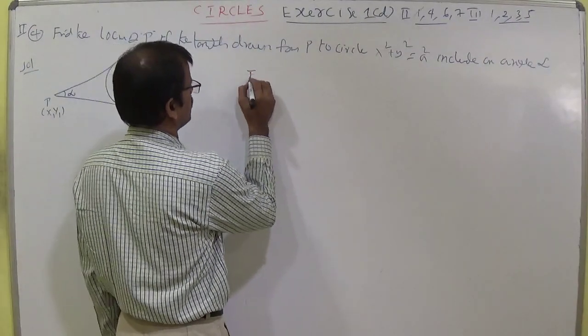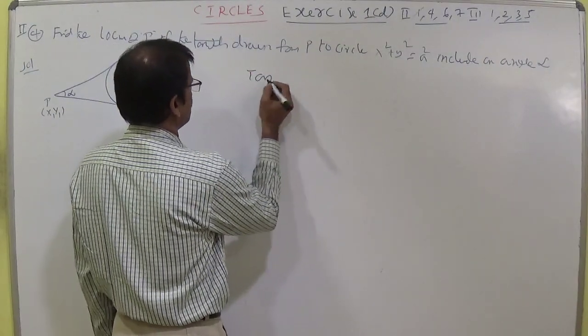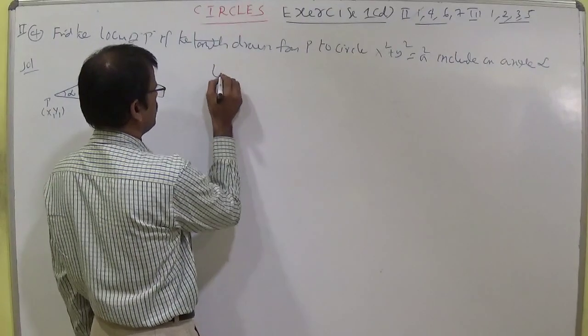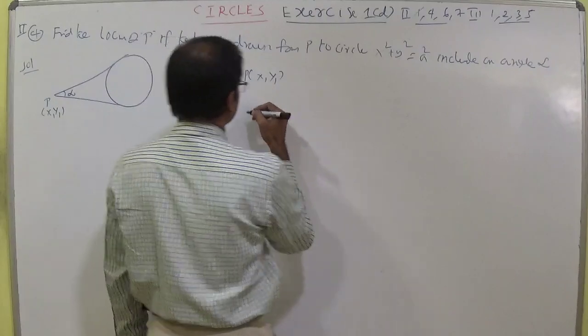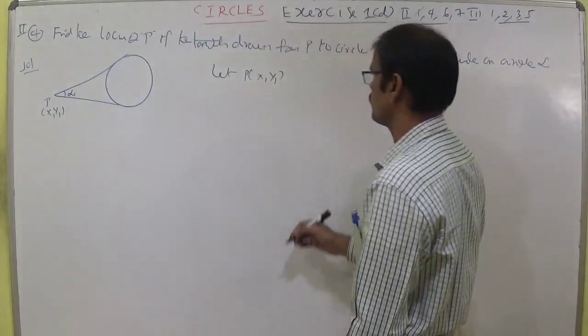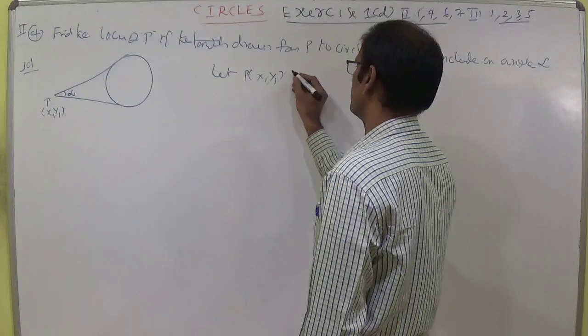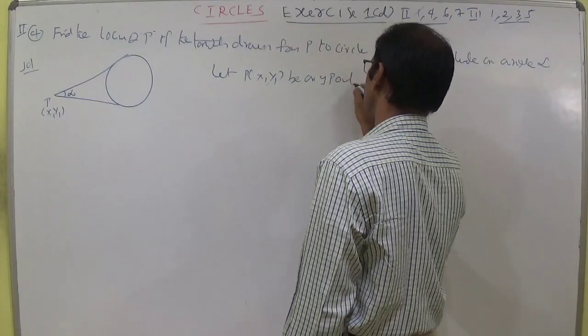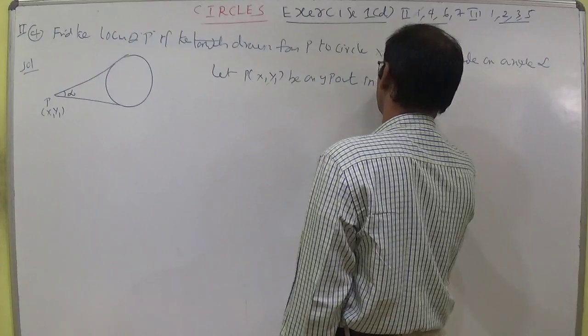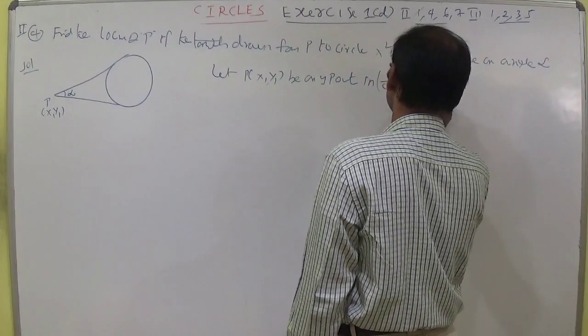Now I am writing: let P (x1, y1) be any point in the locus.